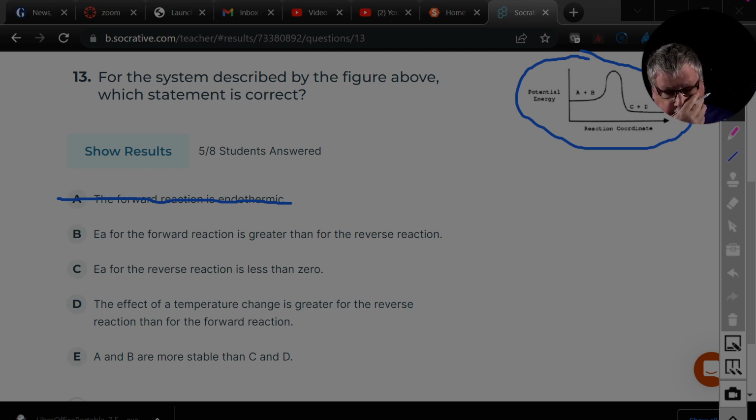Is the activation energy for the forward reaction greater than it is for the reverse reaction? Here's the activation energy for the forward reaction. Here's the activation energy for the reverse reaction. Does the forward reaction have a greater activation energy than the reverse? No. So we can cross that one out.